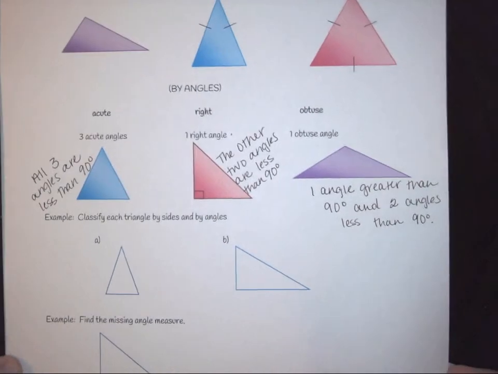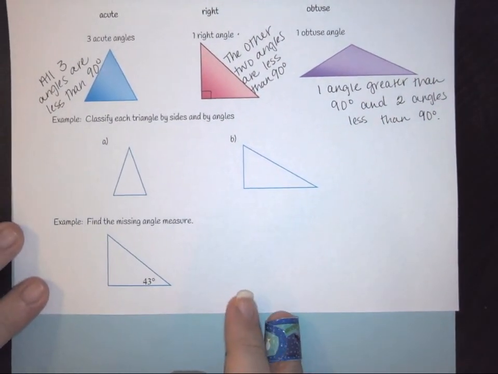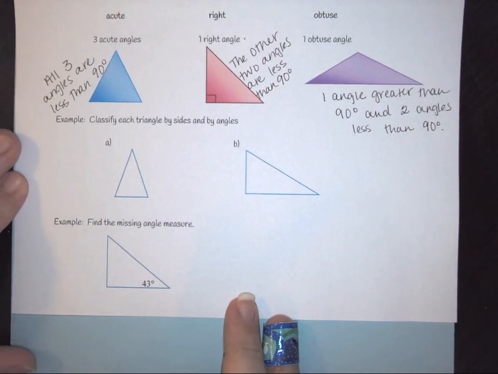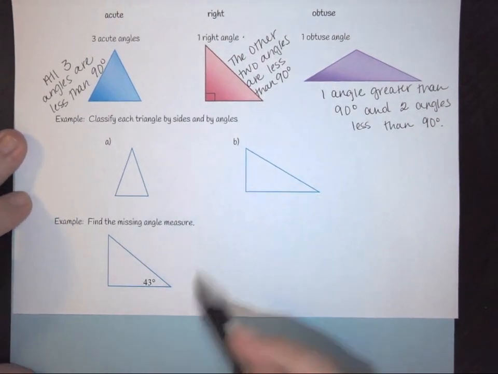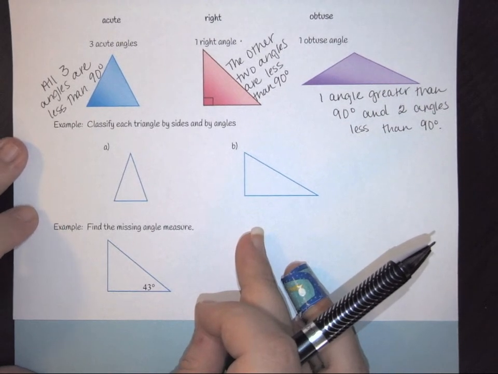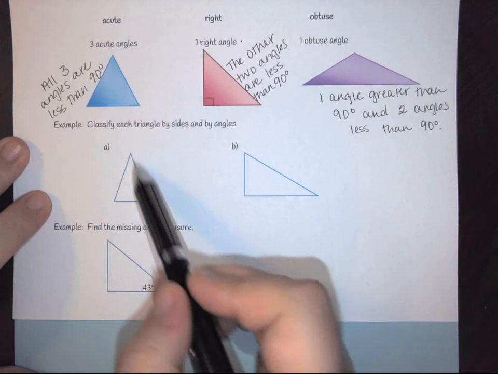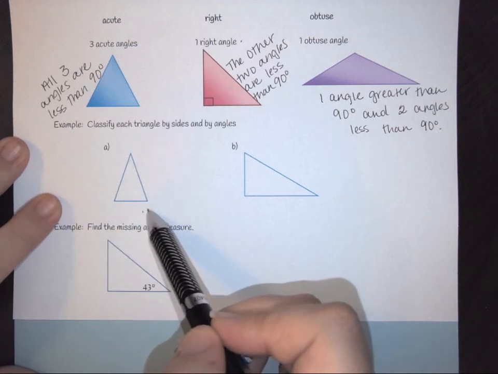So with that, you may see questions where you're simply asked to classify the triangle by sides and angles. What that means is you are looking to classify one from each category. So if you look at this first triangle, the first thing that I would classify it by is its angles.